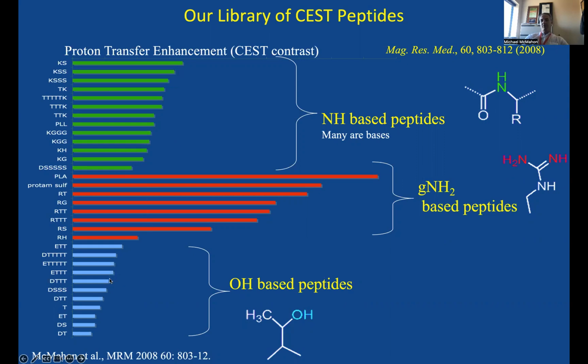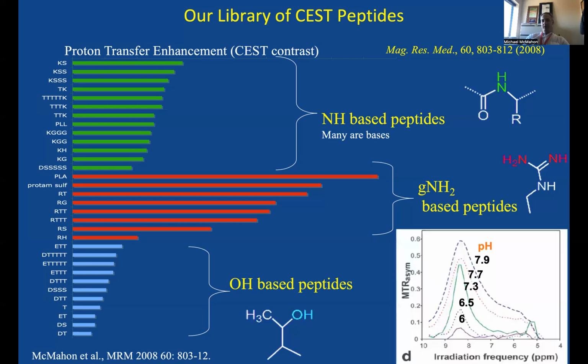So blue would be OH-based contrast, red was a guanidinyl amine-based contrast, and green was just an amide-based contrast. This is something we published back in 2008 as well. And we saw that, in fact, the lysine-rich peptide would have this type of pH dependence for the CEST contrast. So they were particularly well performing at around neutral pH.